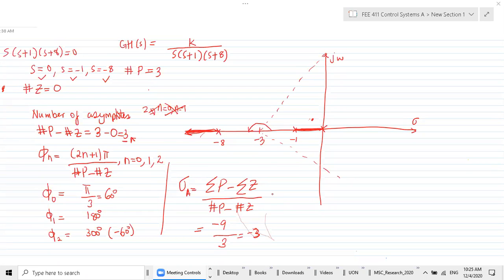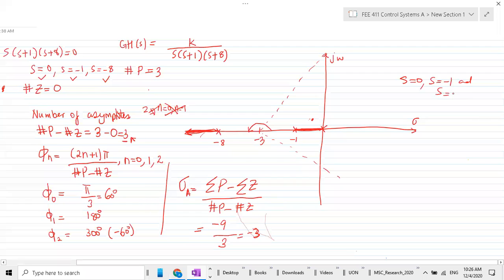These are our poles: one pole is equal to 0, another one minus 1, and another one minus 8. So we add 0 plus minus 1 plus minus 8, we have minus 9.